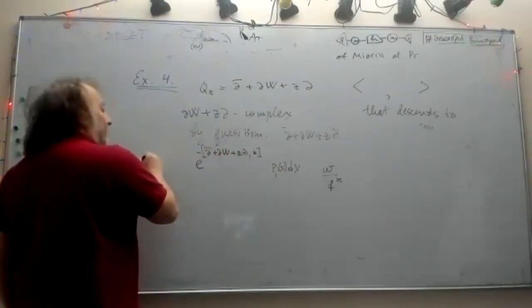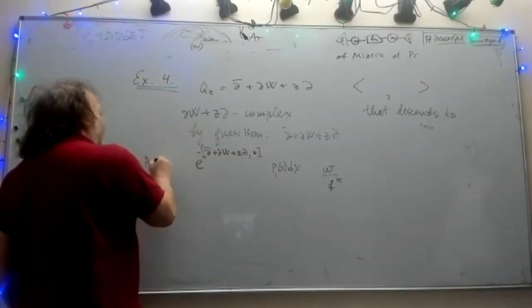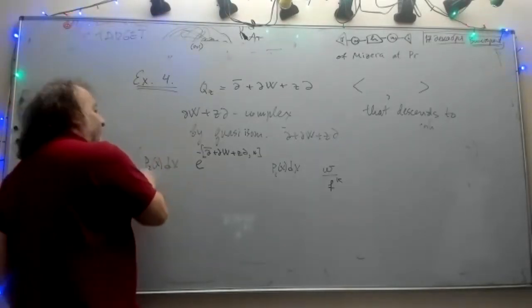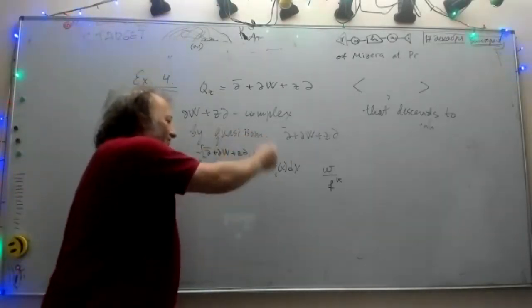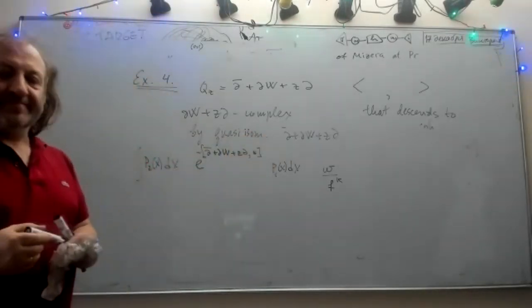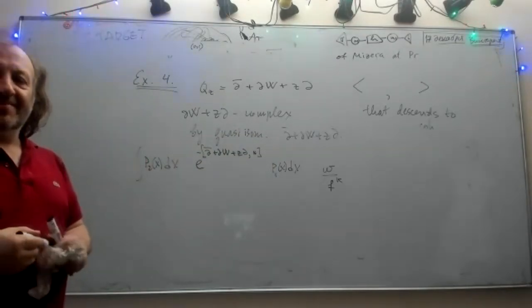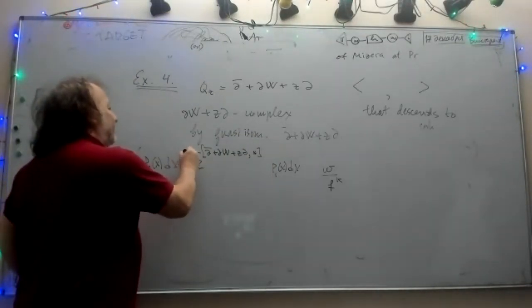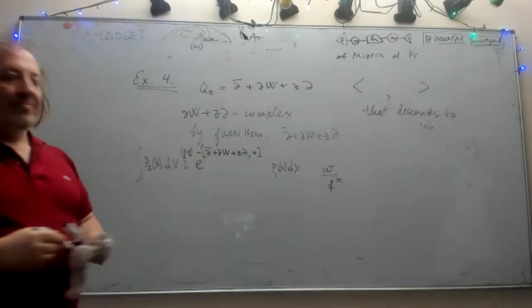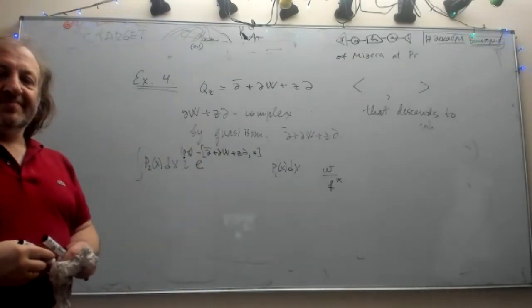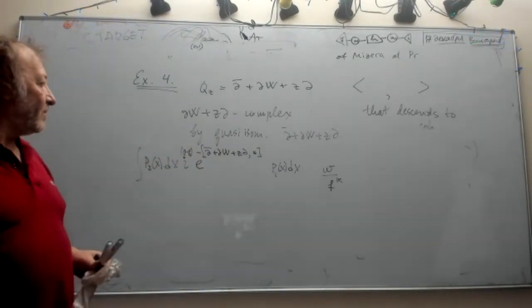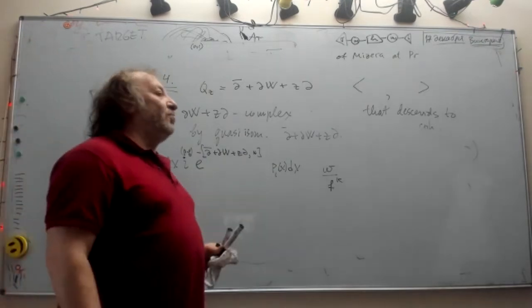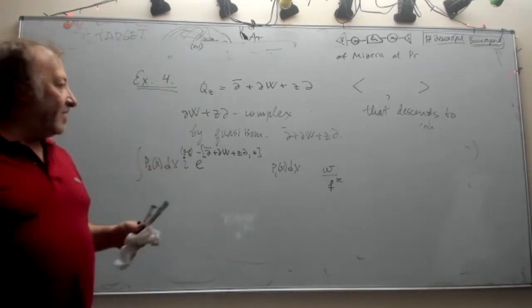So the idea would be to replace one of the differential forms by this. And here I have this I, P minus Q, and I want this thing to be integrable.